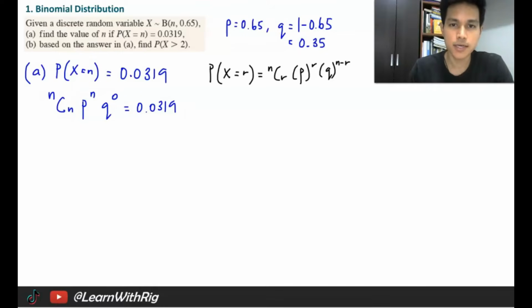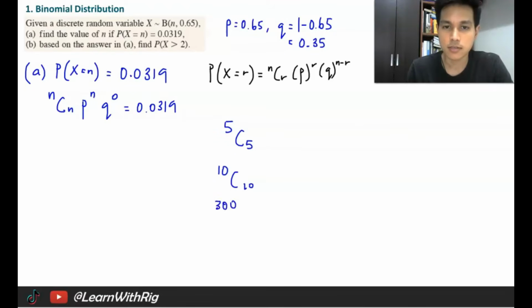If you key into your calculator 5C5 or 10C10 or 300C300, you will get the same answer. Whenever the top and the bottom number are the same, you will get 1, right?